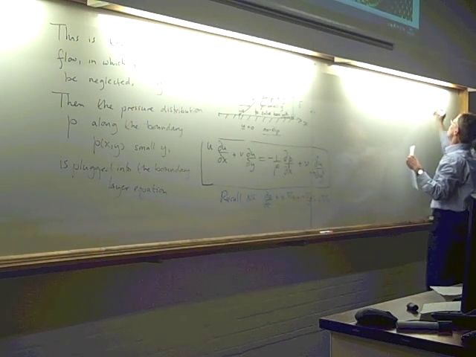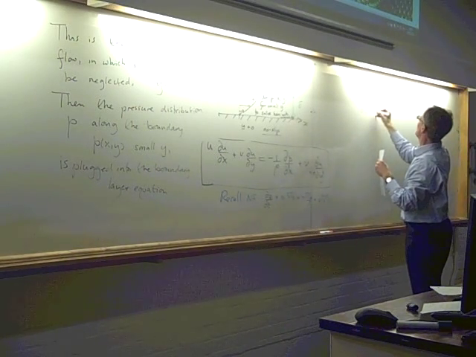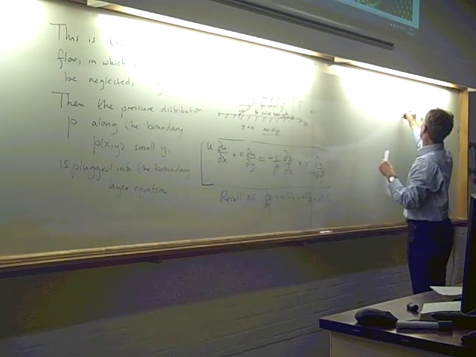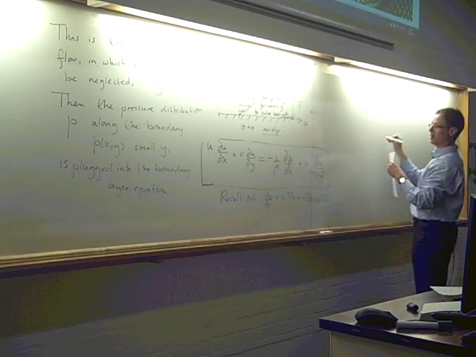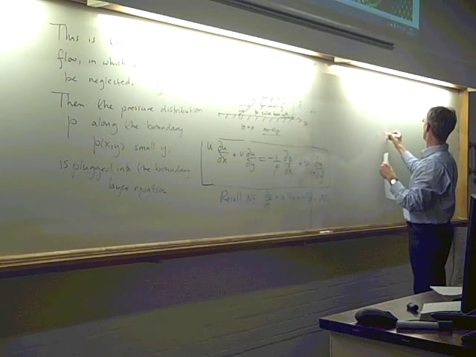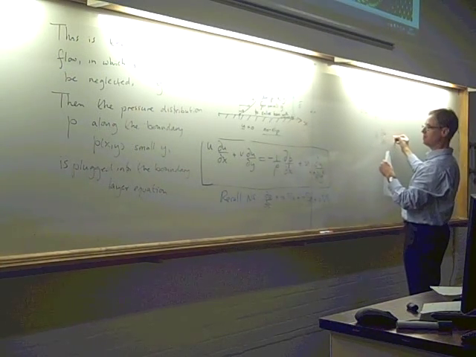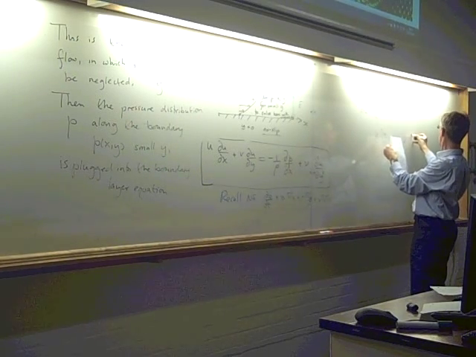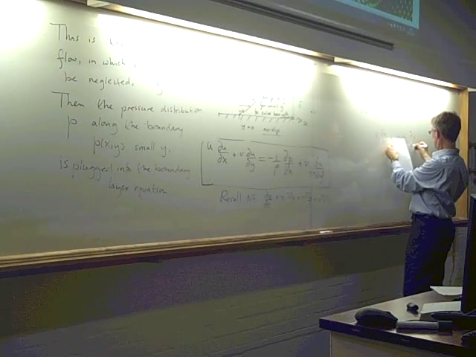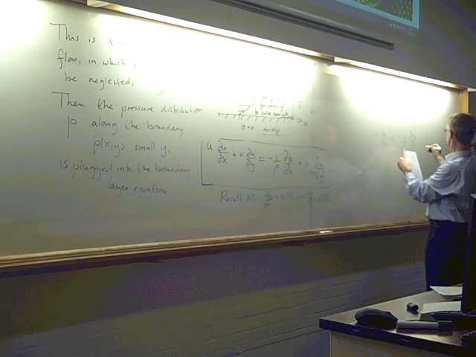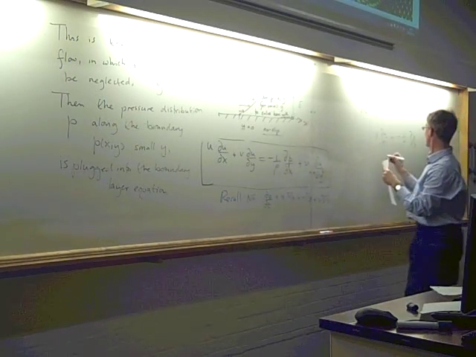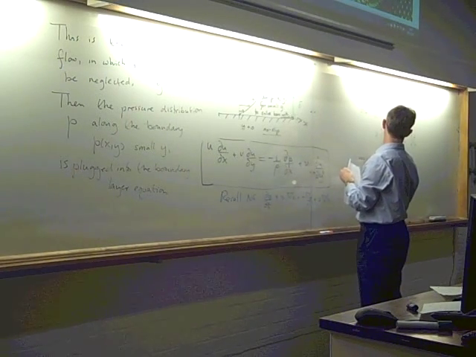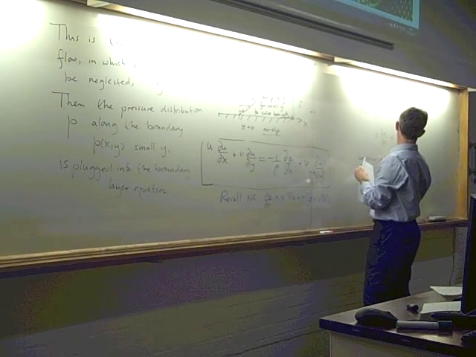And our boundary layer equation becomes u du by dx minus 1 over rho dp by dx. I'm also neglecting, you can show you're neglecting, the d2u by dy2 term.